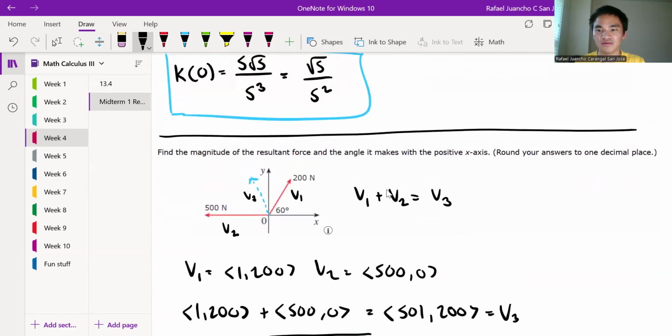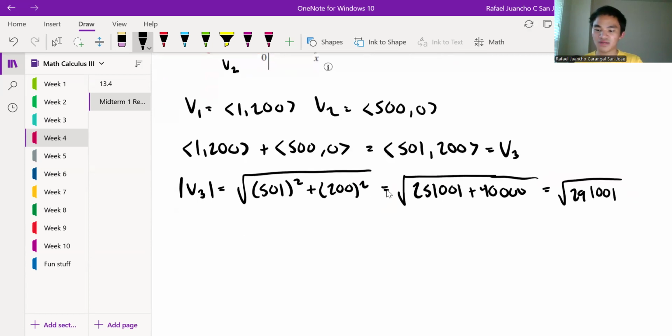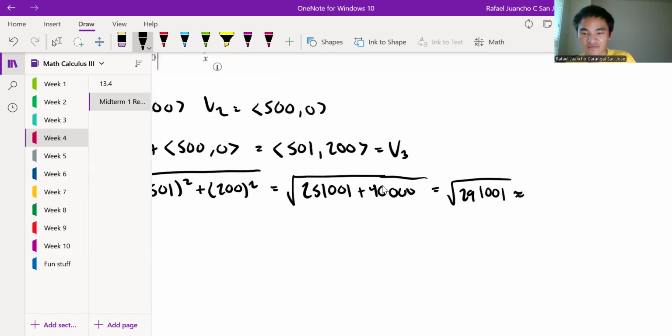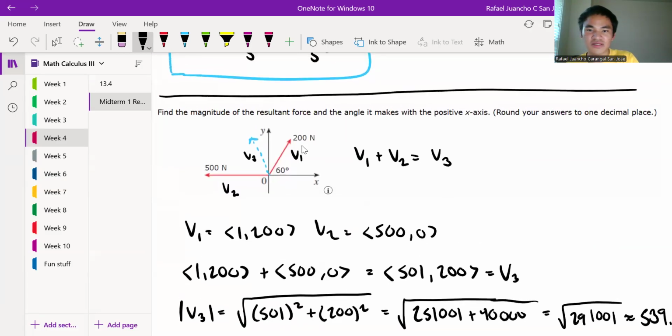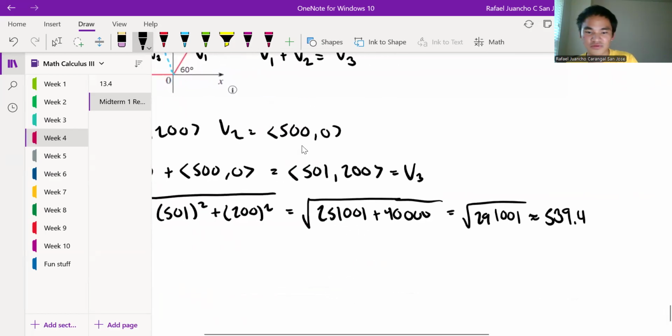And now, actually, I could just, 291,001. I can see if I got the right answer anyways. So that's approximately 539.4. And what's the length here? I'm gonna say meters. I don't know. Units.